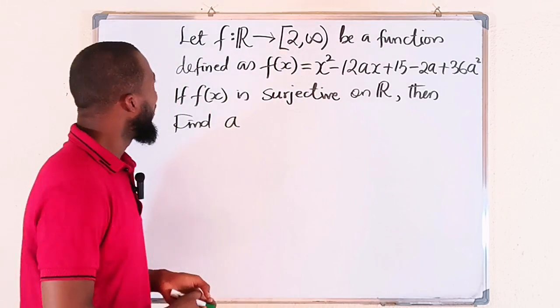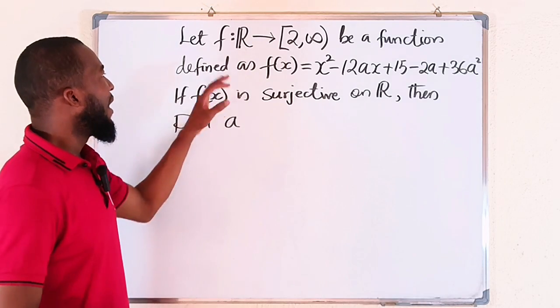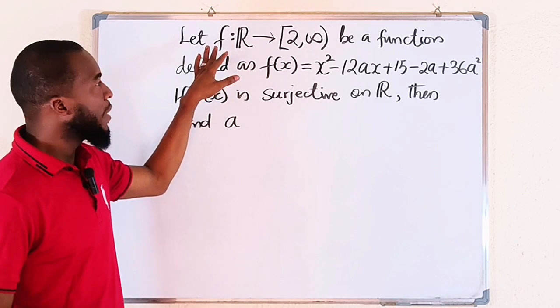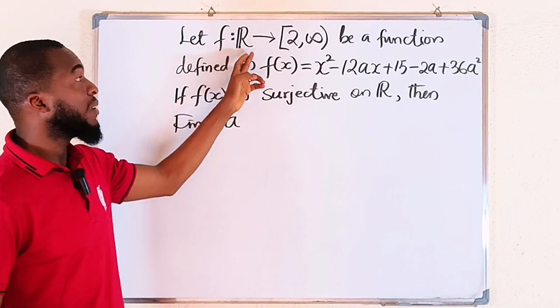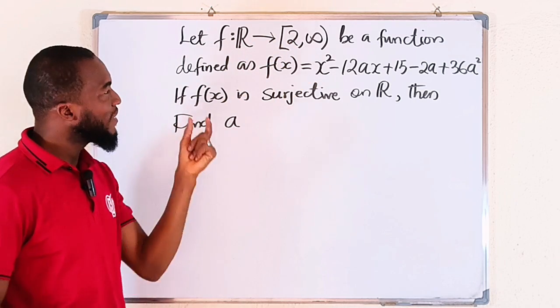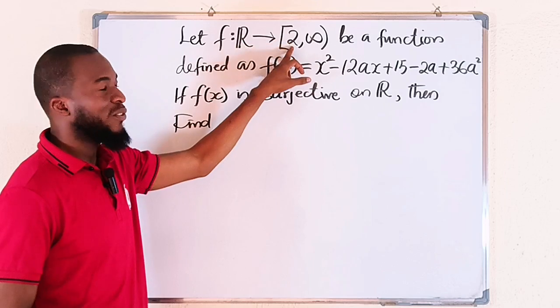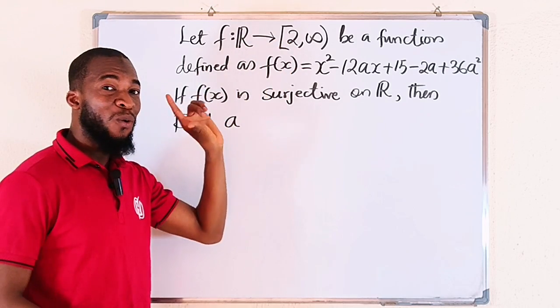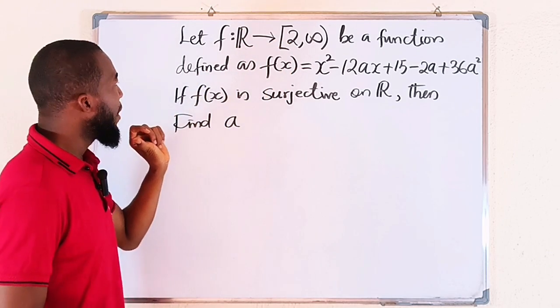Let's get started. The question reads: let a function f be defined on the set of real numbers from 2 to positive infinity. It means the least is 2, greater or equal to 2, right?